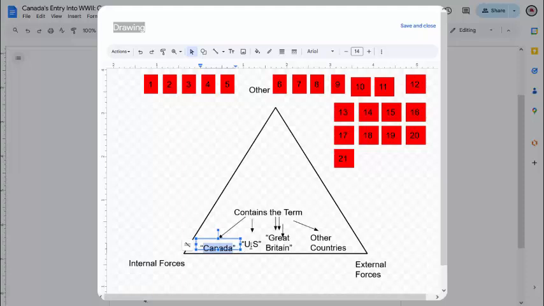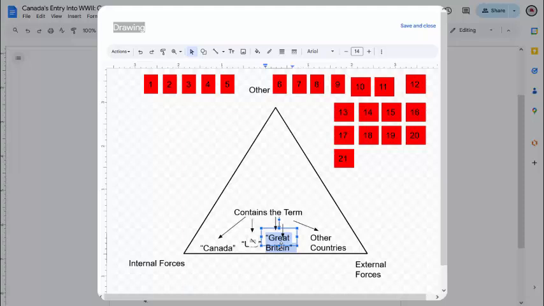If it contains the term Canada and the US, it goes over US but close to Canada. If it contains US, Great Britain, or Canada, it would go in between where it says US and Great Britain. Any other countries without either Great Britain, US, or Canada in them would go further toward external.